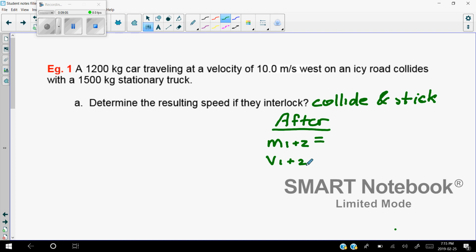And in this case, V1 plus 2, that is what we are trying to find. So M1 plus 2, in this case, that's going to be 2,700. So make sure you have your calculator handy so that you can be plugging things into your calculator as we go along. I'll be doing the same thing.